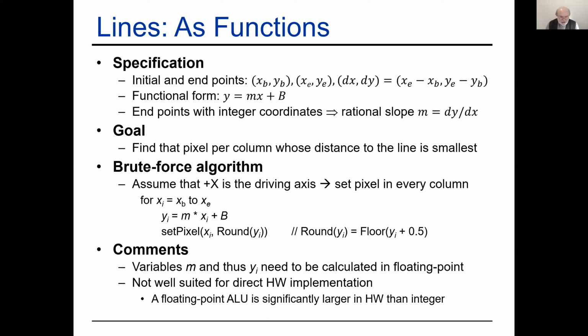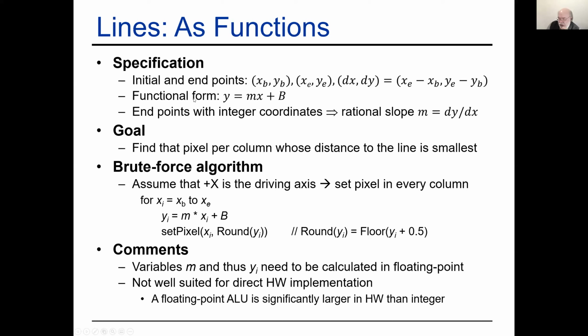So first of all, we look at the rasterization of lines. We specify those lines by giving a beginning and an endpoint, so x and y of the beginning, x and y of the endpoint. We can also compute the difference between the two, so dx and dy, which is simply xe minus xb, and so on.